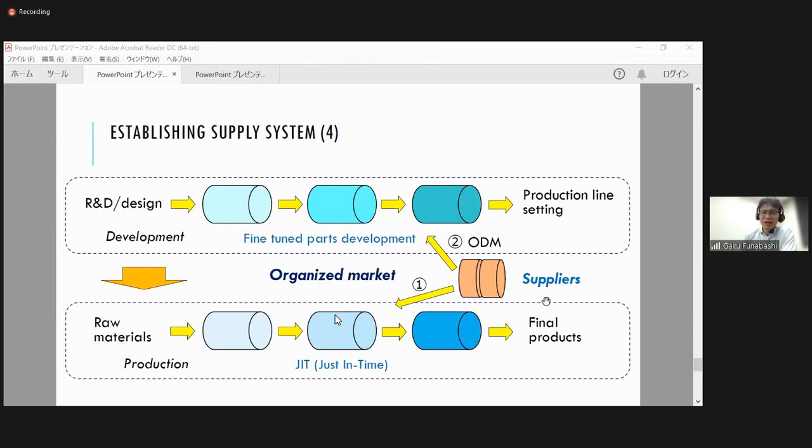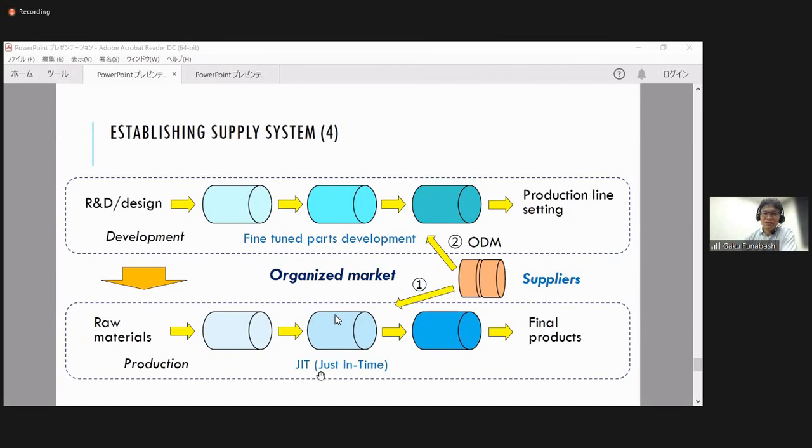So suppliers are involved in the production itself, in this kind of production system, just in time, sending the necessary components at the right time, at the right volume. And also they are involved in the fine-tuned parts development for the new model development.